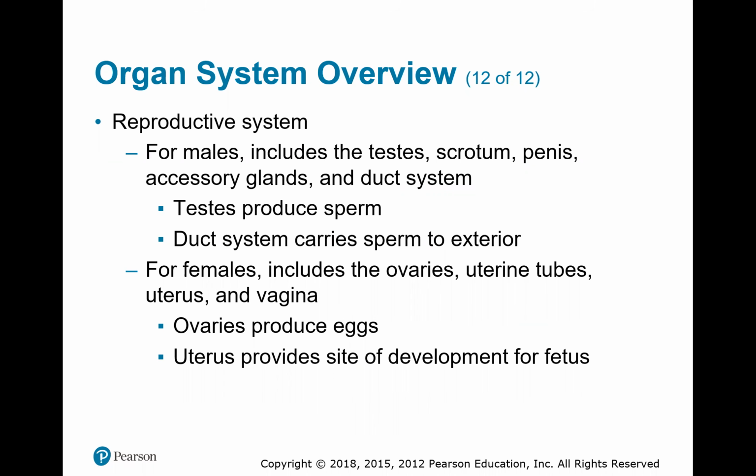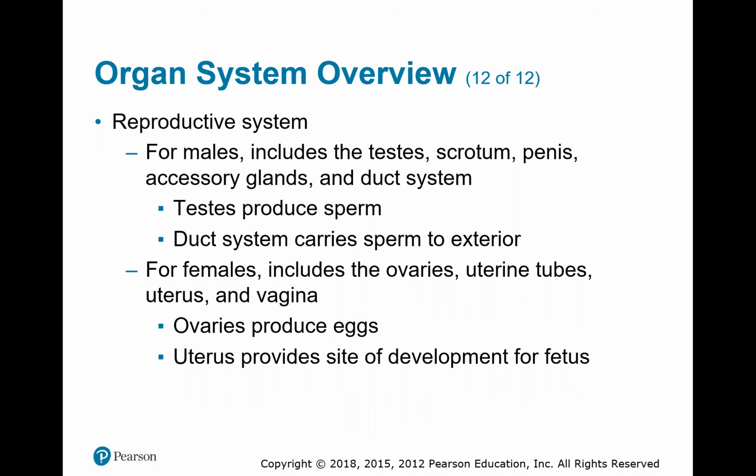We will also see the penis, which actually is considered to be the accessory organ, if you will. The primary organ is going to be the testes. Secondary would be the penis. We also do have some accessory glands, like the prostate gland, seminal vesicles, and then we have some duct systems as well to help with movement of sperm and semen.